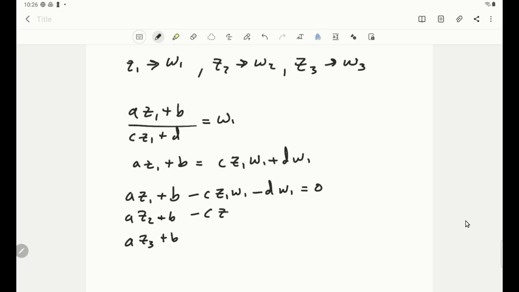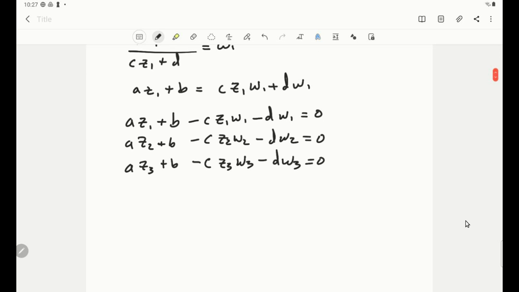So I have this, C3 W3, D W3 equals 0. And so this actually I can write as a matrix equation and solve it that way very quickly with technology.